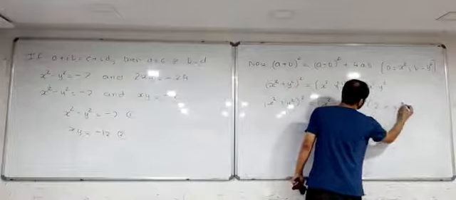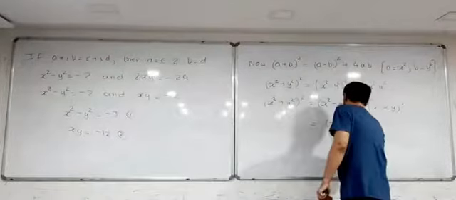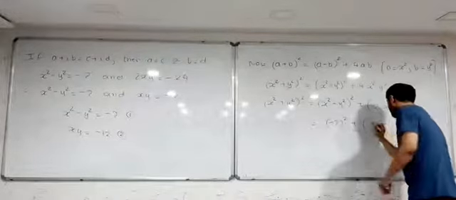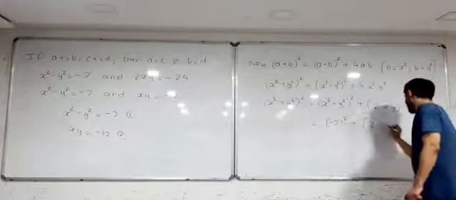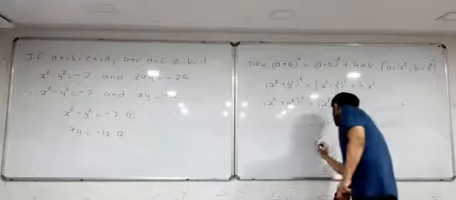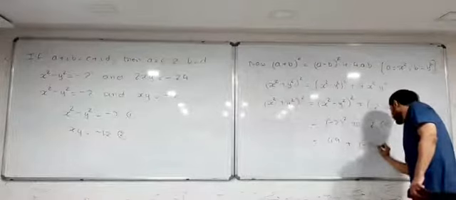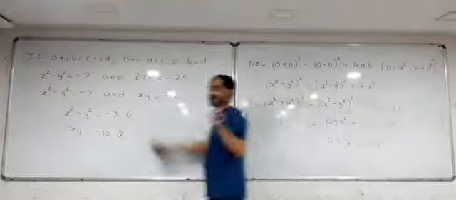which is equal to x square minus y square is minus 7. So minus 7 the whole square plus 2 into what is xy? 2 into minus 12 the whole square. So 49 plus 2 into minus 12 is minus 24. So minus 24 का square कितना आएगा? 576.